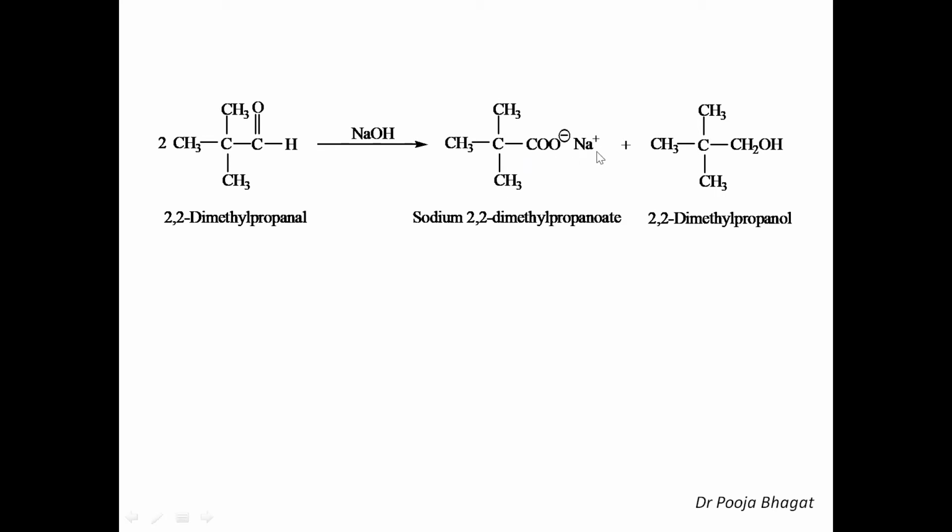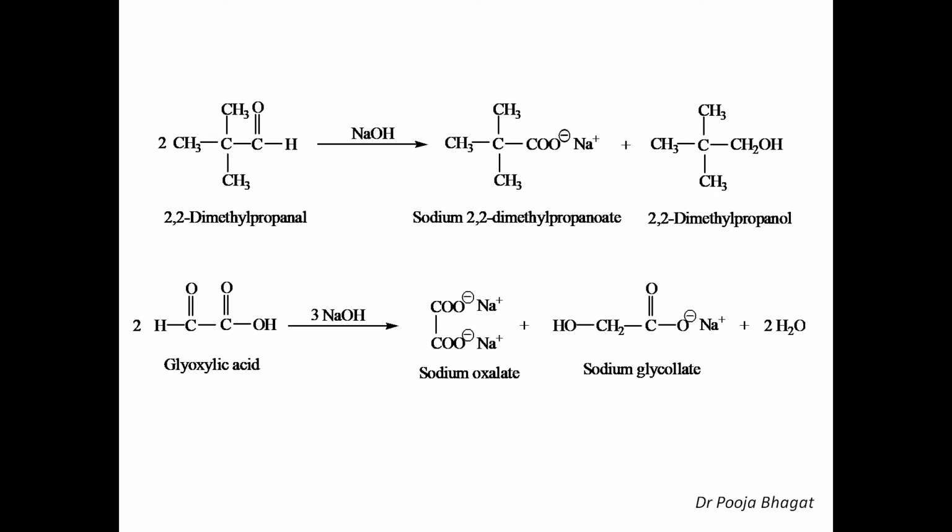But since it is a sodium salt, so the name of the compound will be sodium 2,2-dimethyl propanoate. Okay, and the second molecule will get reduced. So in place of aldehyde, on reduction, it gives alcohol, that is CH2OH. And hence the name of the compound is 2,2-dimethyl propanol. So this is a Cannizzaro reaction for 2,2-dimethyl propanol.